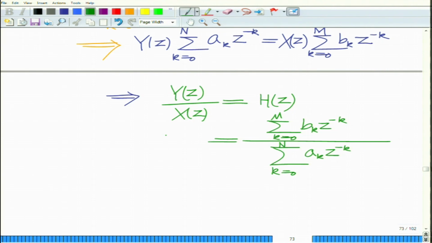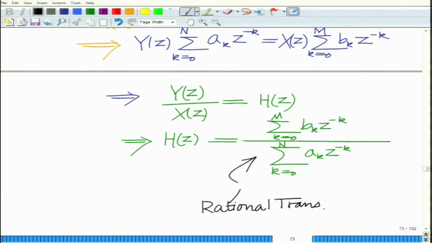So, this is basically your H(z), which is in the form of a rational transfer function. You can see this is a rational function in z. So, this is a rational transfer function, and taking the inverse Z transform one can obtain the impulse response of the system described by this difference equation, okay.